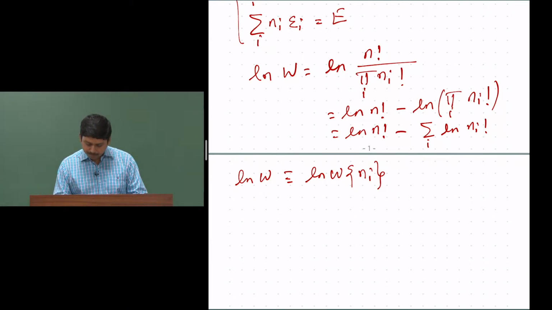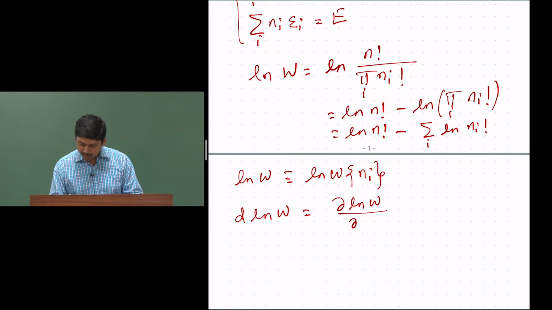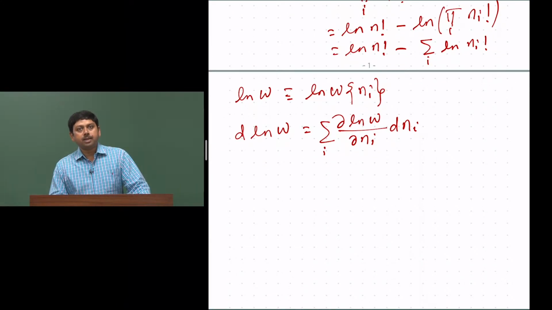So, we can write the differential of ln W, as you have seen for any differential quantity when it is a function of multiple variables, as del ln W by del Ni d Ni. Now, since there is a sum over that, we can put a sum over i. In order to satisfy the constraints, there is a method called the Lagrange method of undetermined multipliers, which means that you have to multiply those constraints by some constants, and we can maximize the quantity.